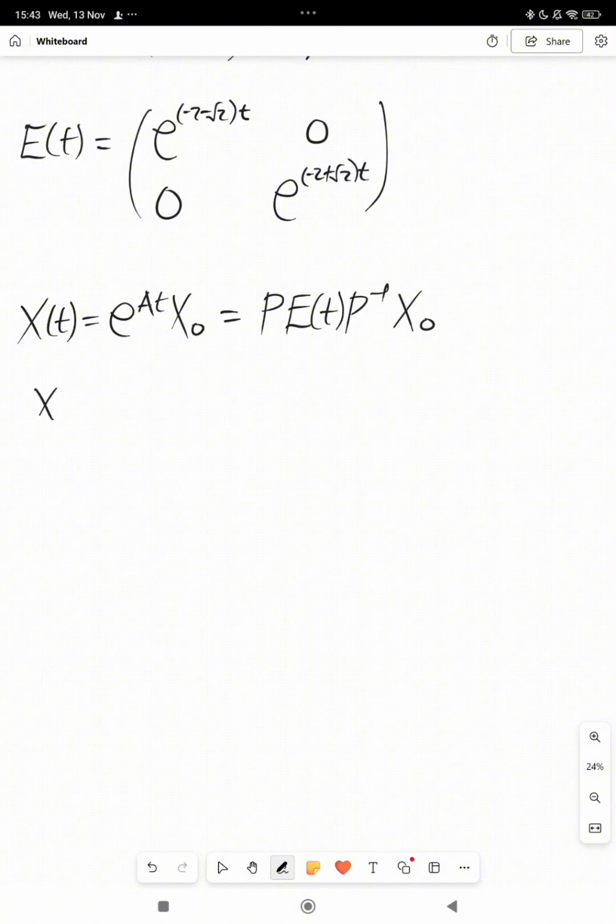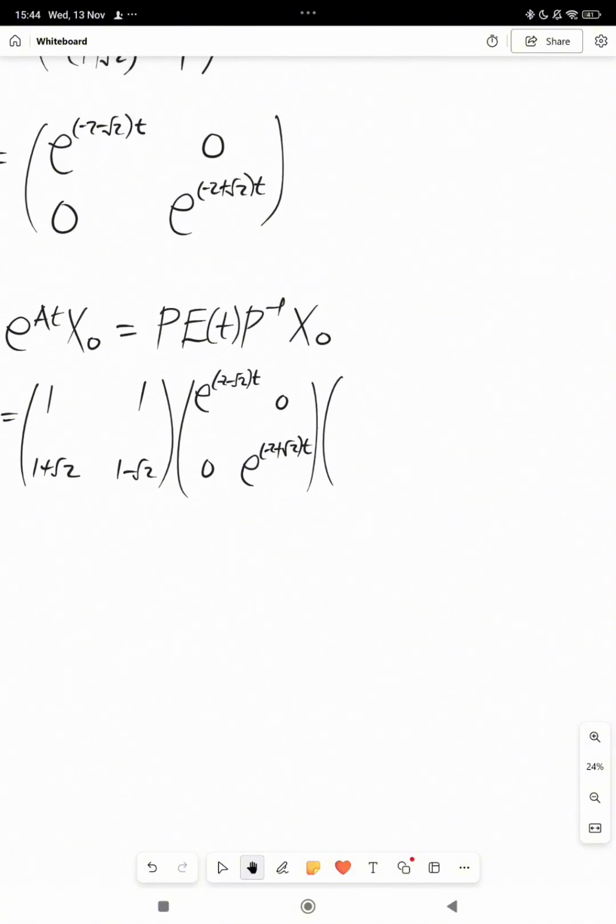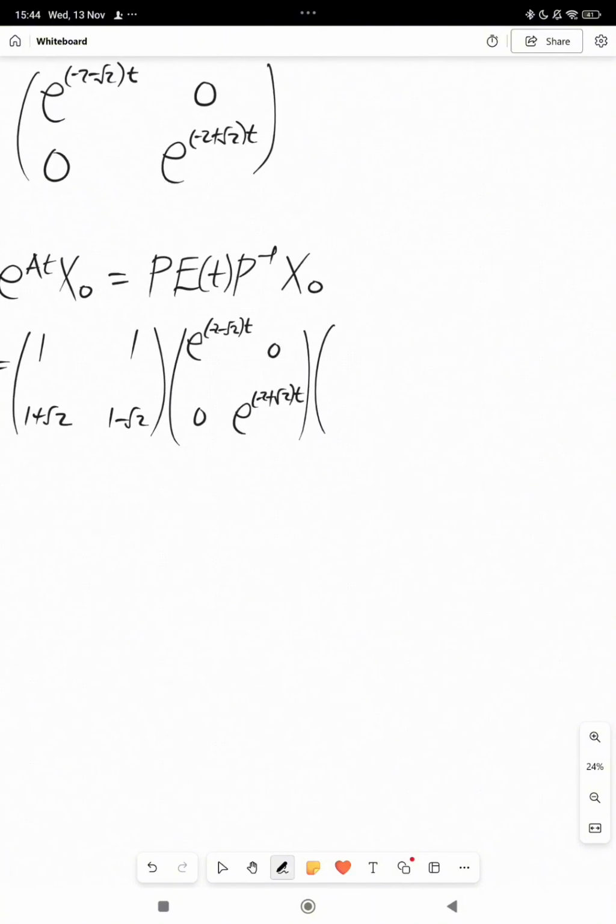So we have our x of t equal to our P, which is 1 plus root 2, 1 minus root 2, our e of t, e raised to the power minus 2 minus root 2 times t, 0, 0, e raised to the power minus 2 plus root 2 times t, and our P inverse, which we just found.